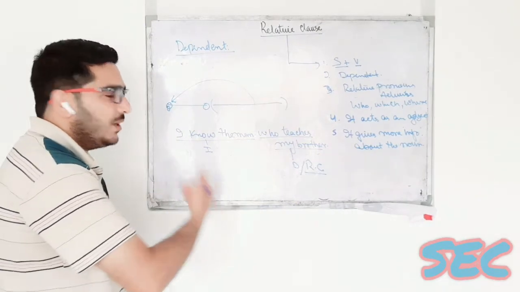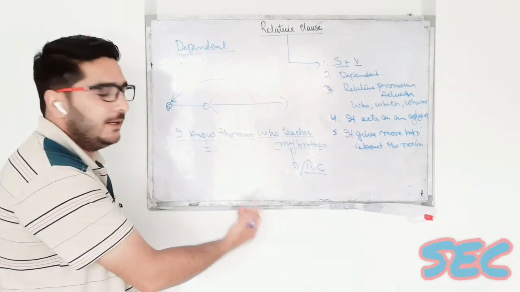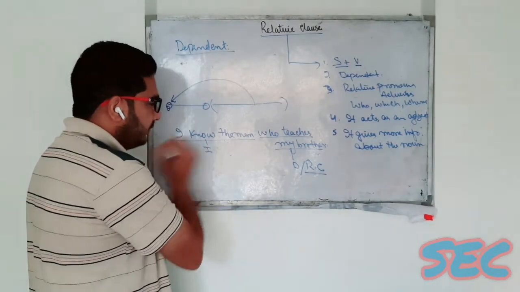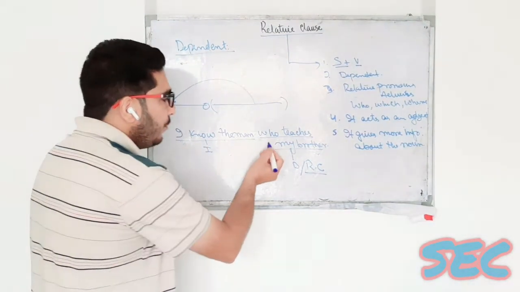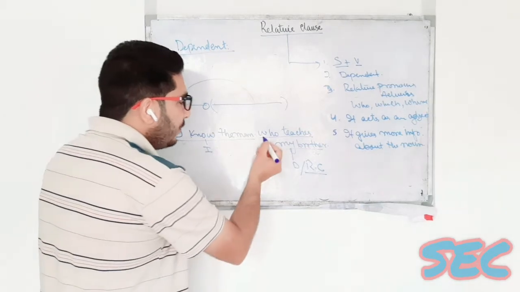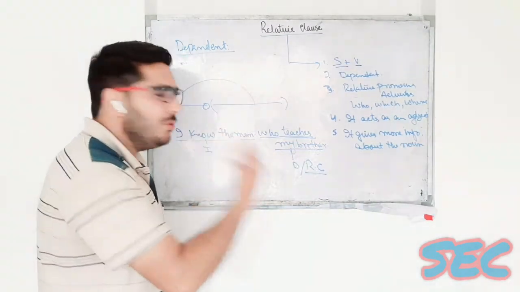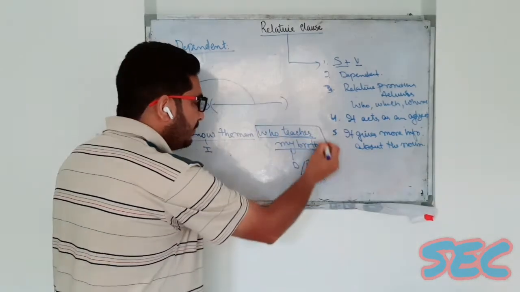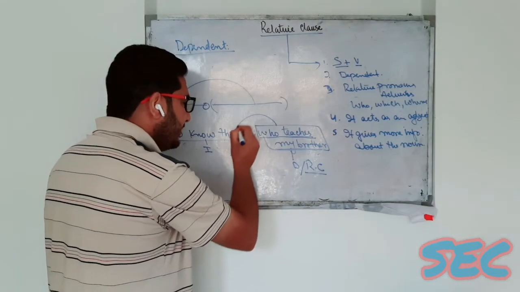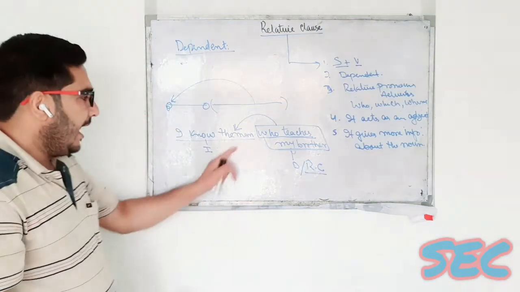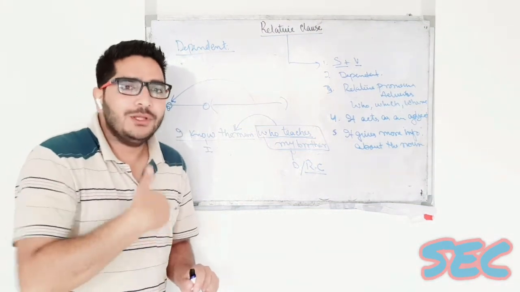Now see, what is the function of the relative clause here? The first part is I know the man. So who teaches my brother? This part talks about the man who teaches my brother. So this part is wholly and solely dedicated to this man. It gives more information about this man. I know the man.